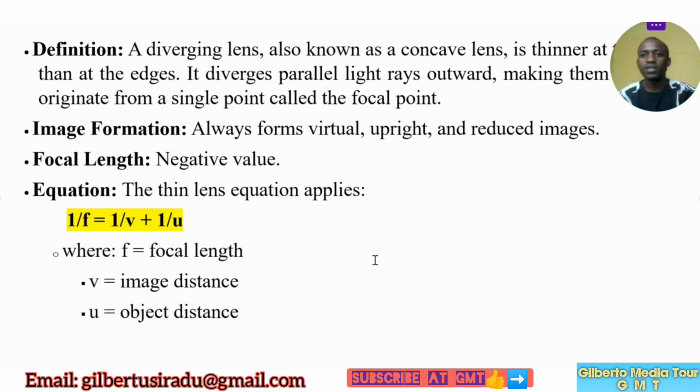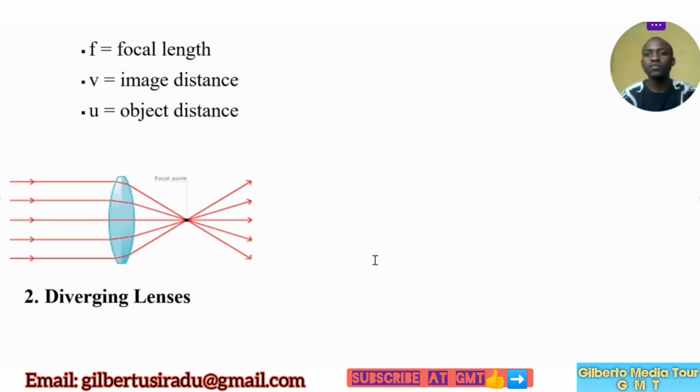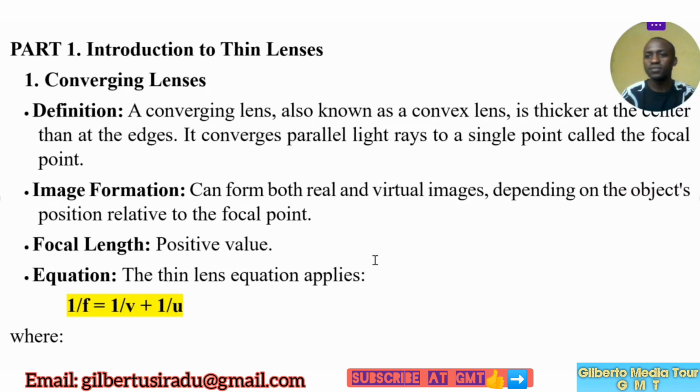When the focal length is positive, what does it mean? When the focal length is positive, it means that the lens used to form the image is the convex or converging lens.